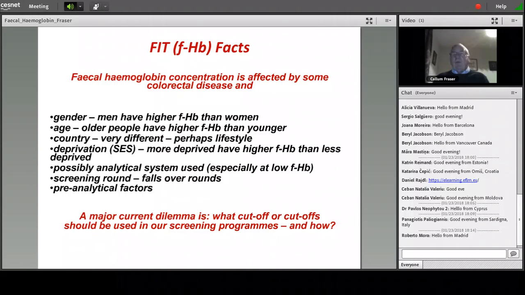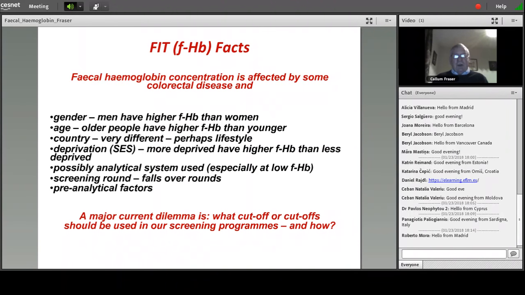If we think about screening rounds, then in the prevalent screening rounds, this is much higher than in subsequent incident screening rounds. Analytical factors such as the stability of hemoglobin in the specimen collection devices can also affect fecal hemoglobin.